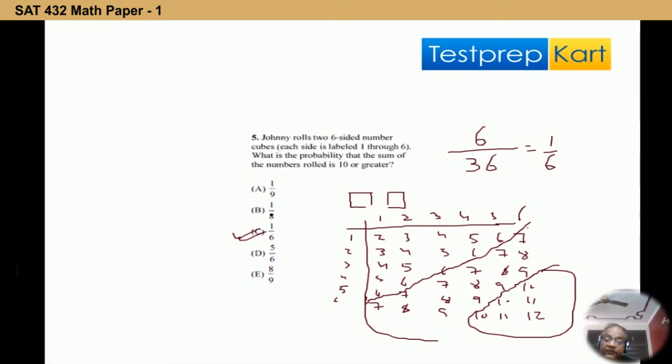It depends on the question. One can always draw this grid, and then all these values will be towards the right hand side. If the question is by chance less than this, then take the left portion. So in this particular question, the answer is 1 by 6.